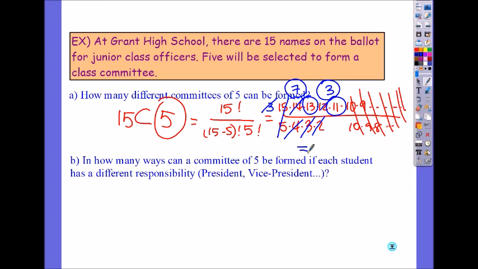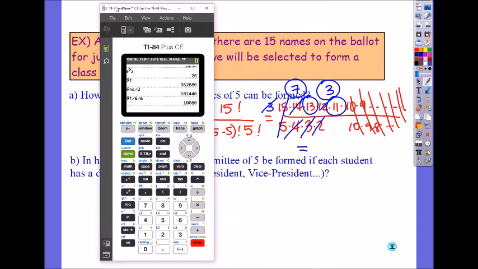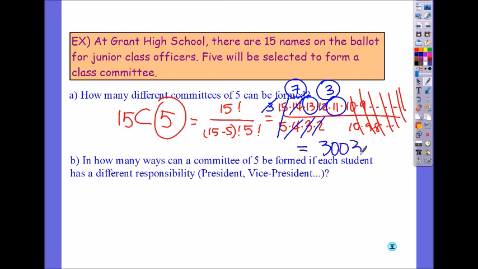So make sure you know how to solve these by hand. So what was it? It was 7 times 13 times 3 times 11. 3003. 3003 different ways, different committees, right?